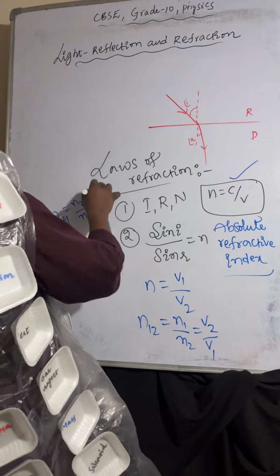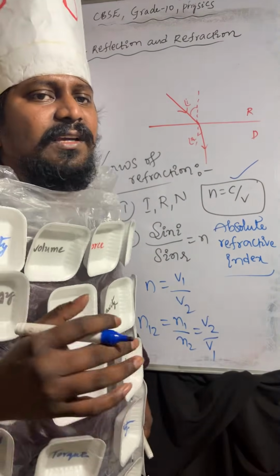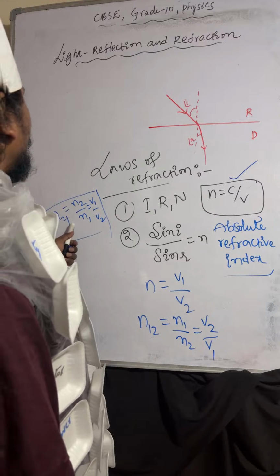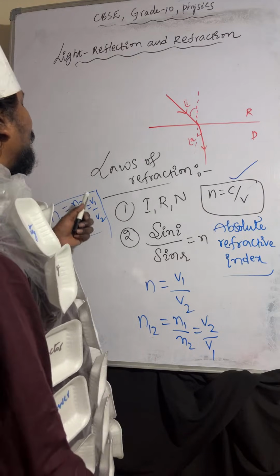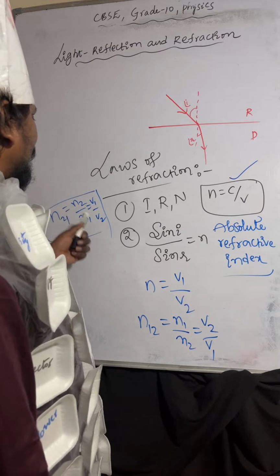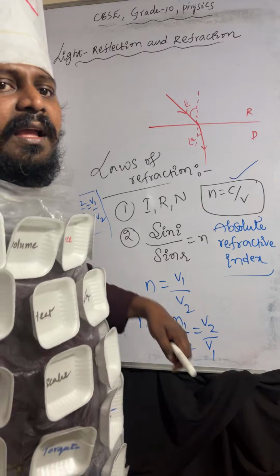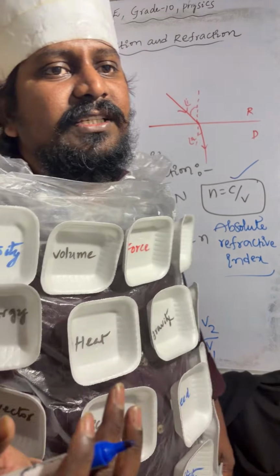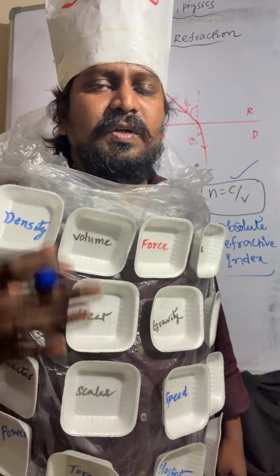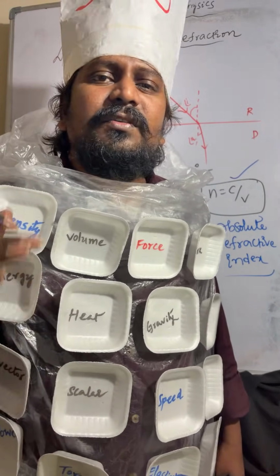So relative refractive index n12 equals n1 by n2 equals v2 by v1, and n21 equals n2 by n1 equals v1 by v2.